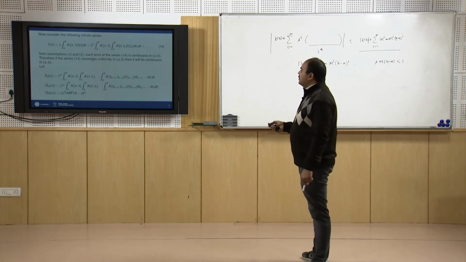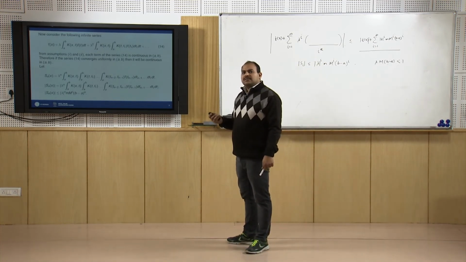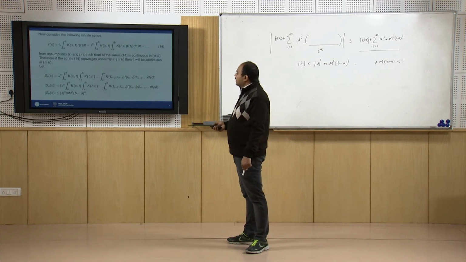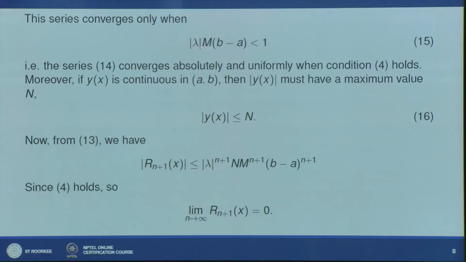Whatever the limit is, it is going to be a continuous function of x. Okay. So this series will converge only when modulus of lambda m, b minus a is less than 1, and this convergence is absolute and uniform convergence.